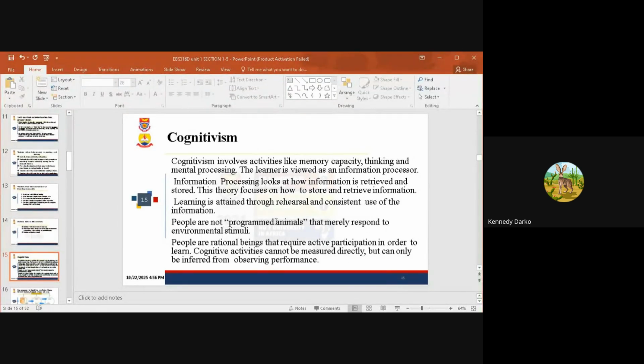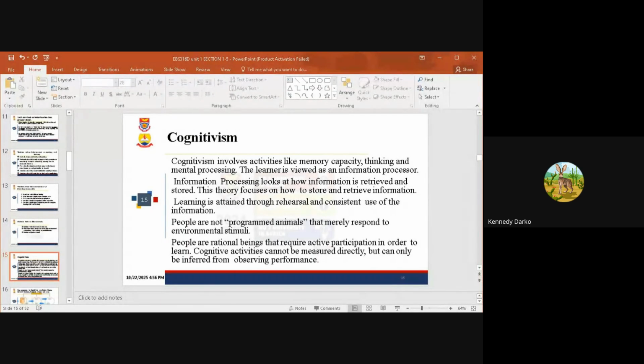So cognitivism. With cognitivism, we are looking at the cognitive, and we're looking at what will happen. So cognitivism involves activities like what?